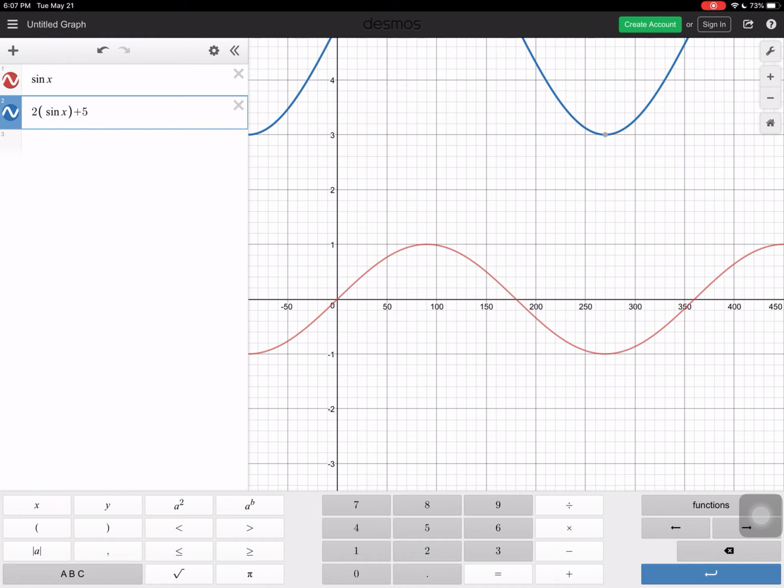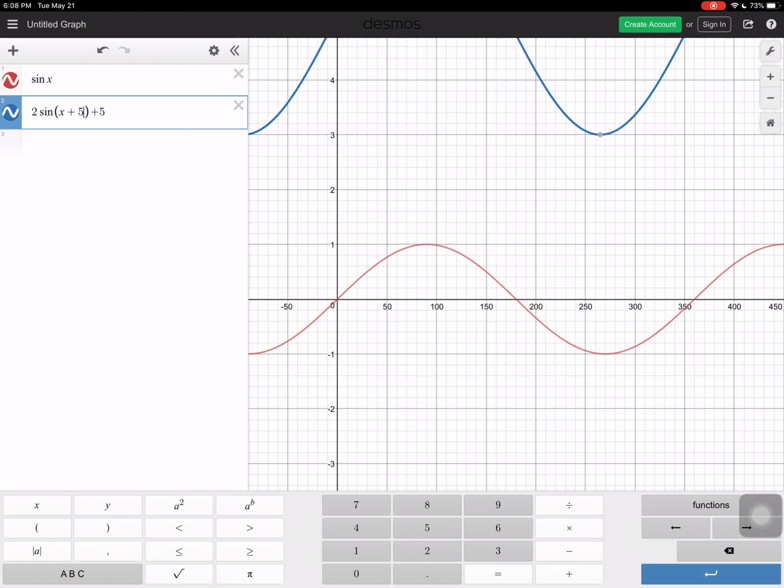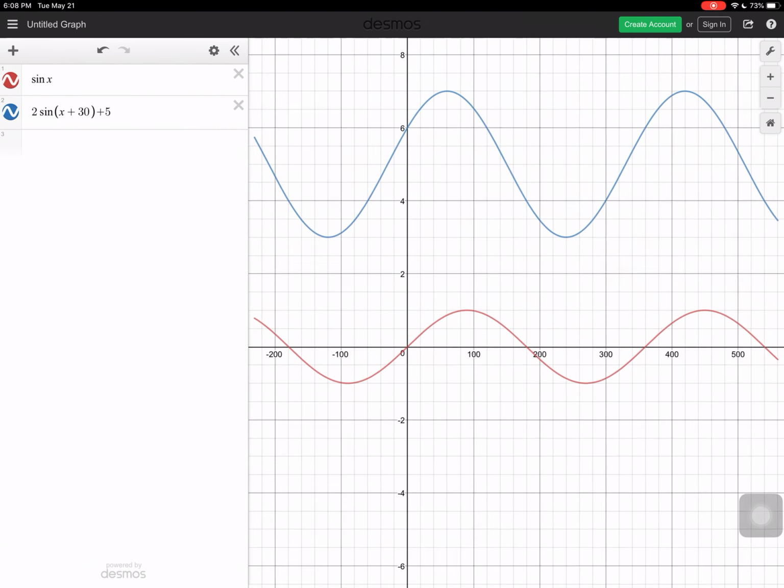It's kind of hard to manipulate this on an iPad. No wonder my students say this is terrible. I'll put a bracket there and say plus 5 here. And then we're going to use a value of 30. Not the most common value, but hey, take a look at this.